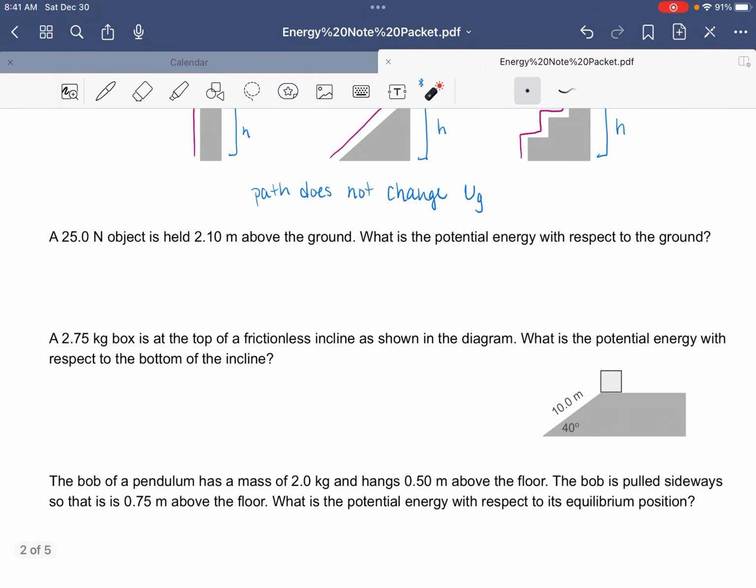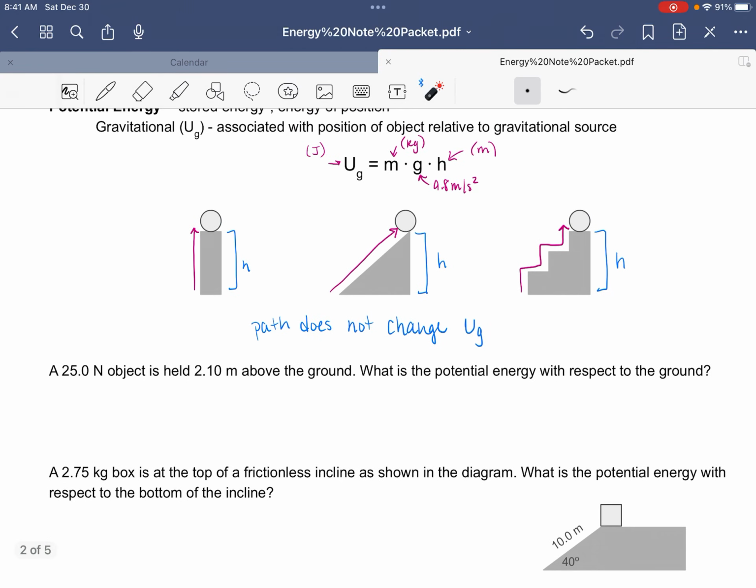A 25 Newton object is held 2.10 meters above the ground. What's the potential energy with respect to the ground? If we look at our equation before, we had our mass in kilograms, our gravitational acceleration, and then our height.